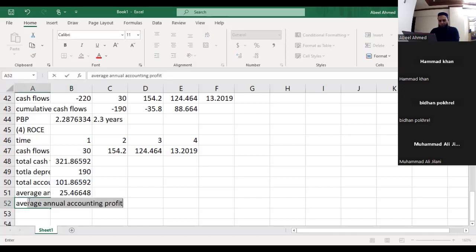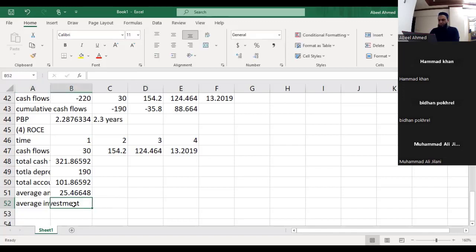Average investment. Initial investment is 220 plus the residual value, which is 30, bracket, divided by 2. So average investment is 125.